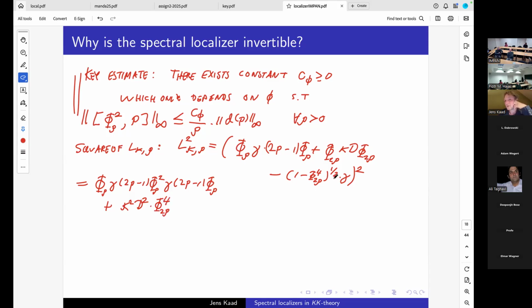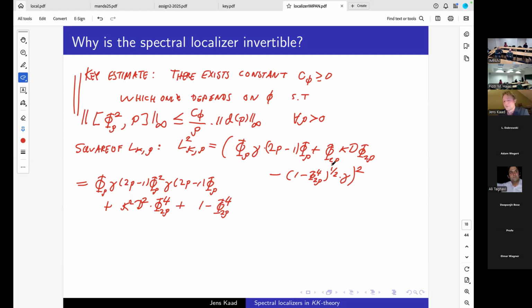The last term is also easy to square because phi, the localizing function, was even, so phi 2 rho commutes with gamma. I just get 1 minus phi 2 rho to the fourth. That's the square of each of the three terms.